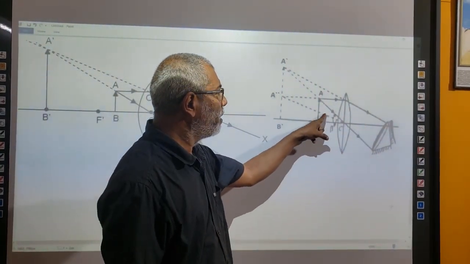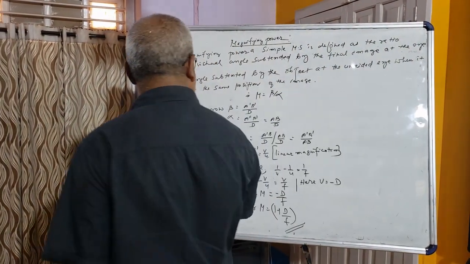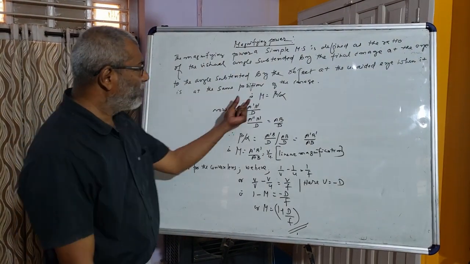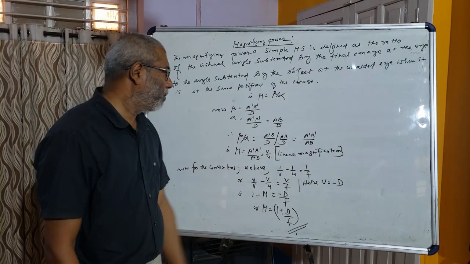This is beta and this is alpha, right? So the magnifying power of a simple microscope is given by capital M equals beta by alpha.